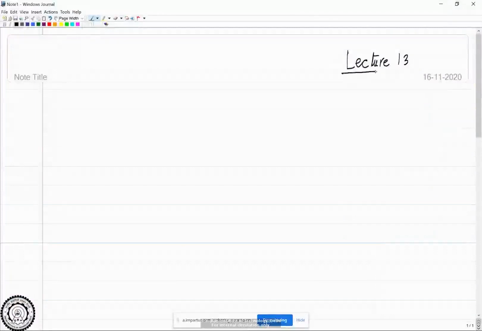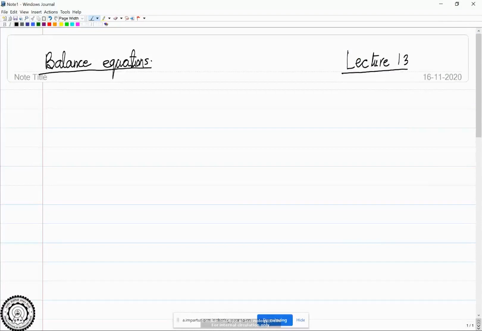All right, so we are going to talk about what are called balance equations today. The equations that you need to solve for the unknown variable, which in this case is your deformation map.